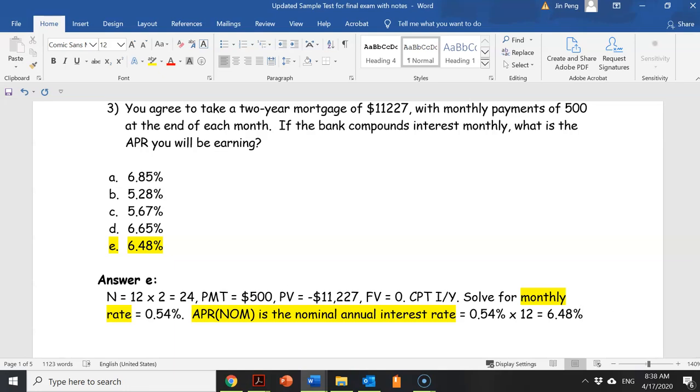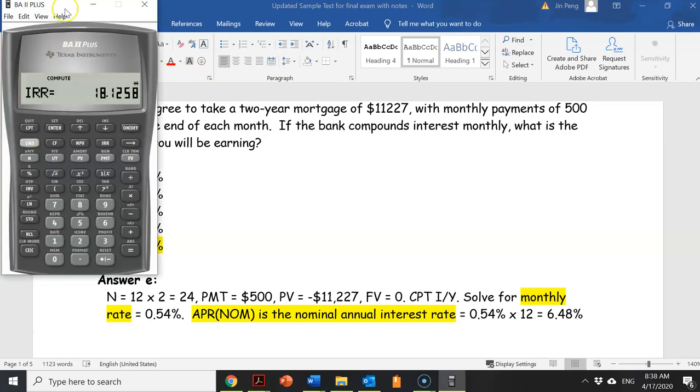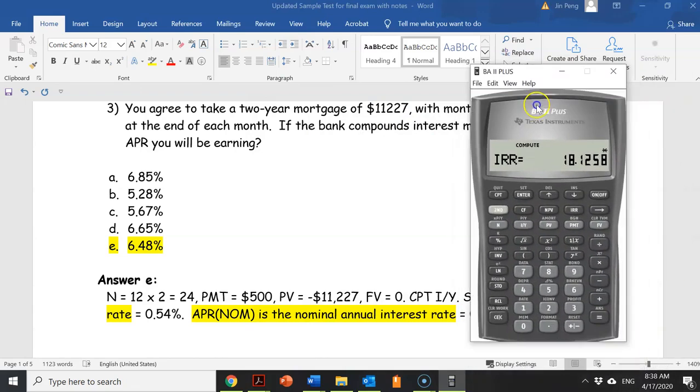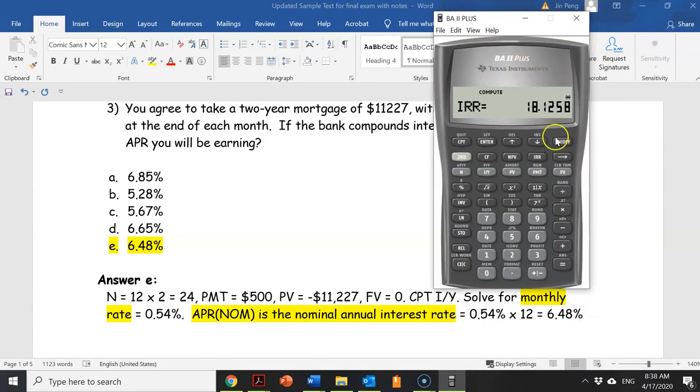If you want to see me work this question on the financial calculator, let me show you. Let me start with the PV, the first information we have from the question. I input negative 11227 as PV, the present value I'm borrowing today, which is a cash outflow for the bank.